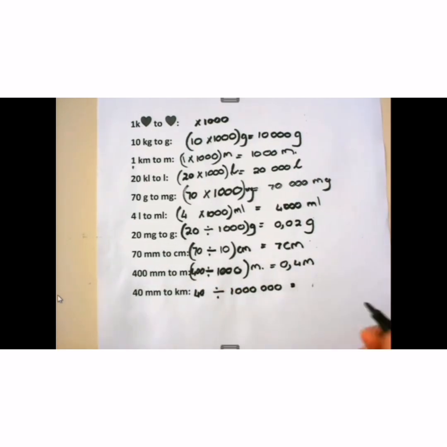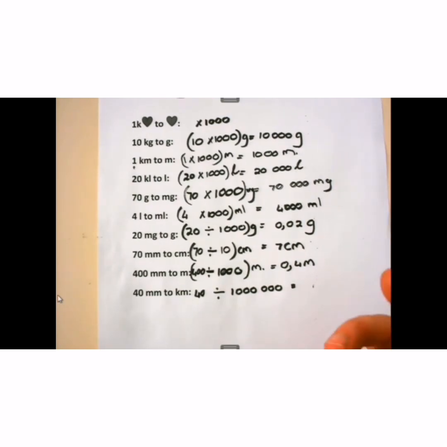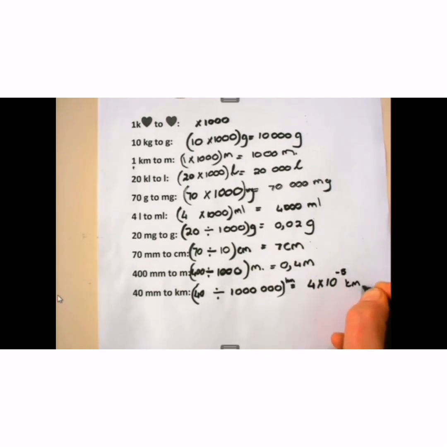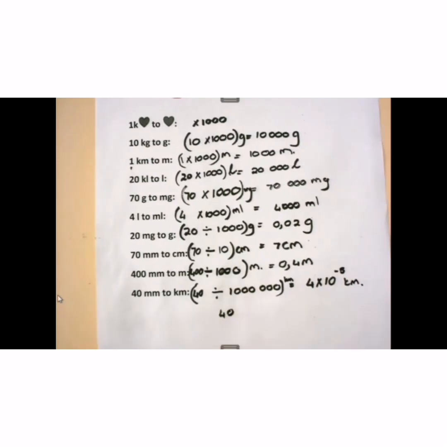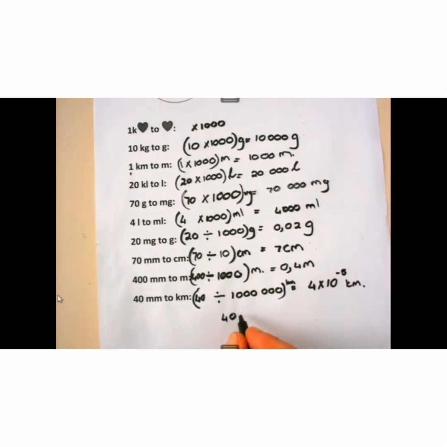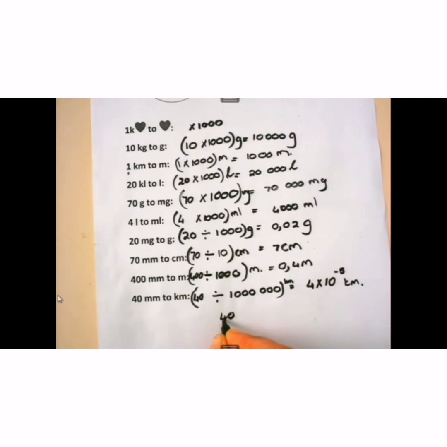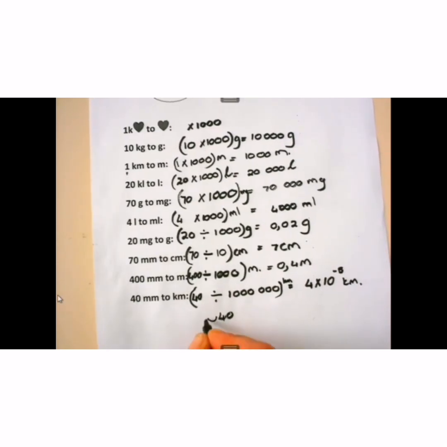I'm taking 40 millimeter to kilometer. Okay? Now you can do that on your calculator, but you must just be careful, because the calculator may show the answer in a different form. Instead of doing that, you can write it out: if I am going to take 40 and divide it by 1 million, I count 1, 2, 3, 4, 5, 6 places.